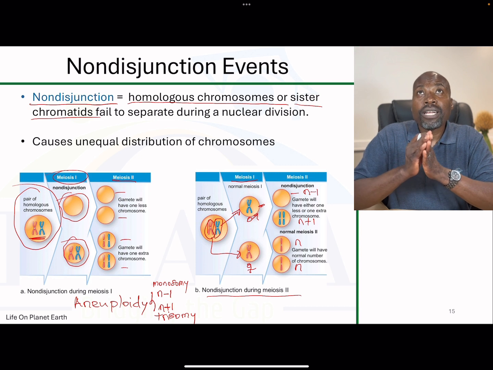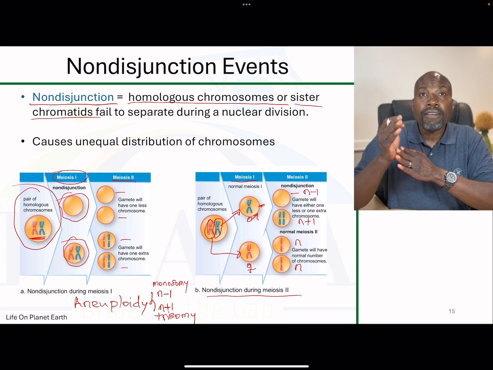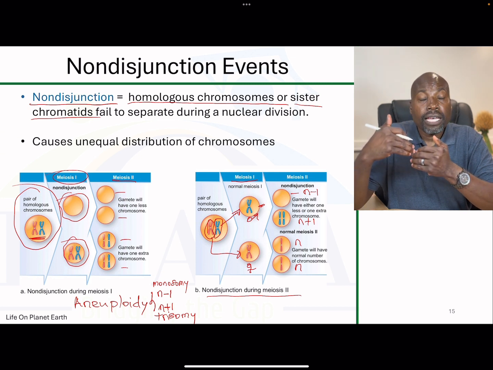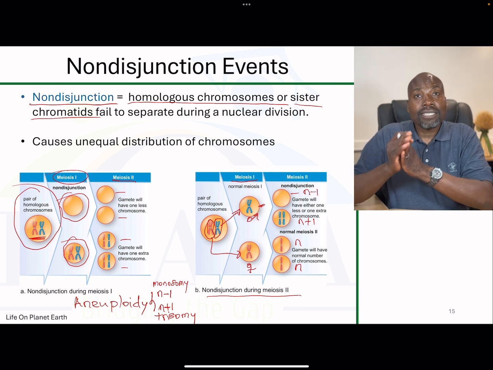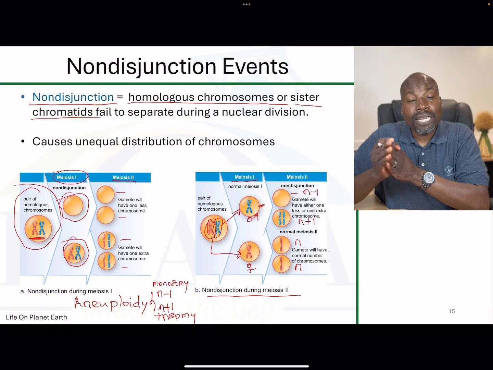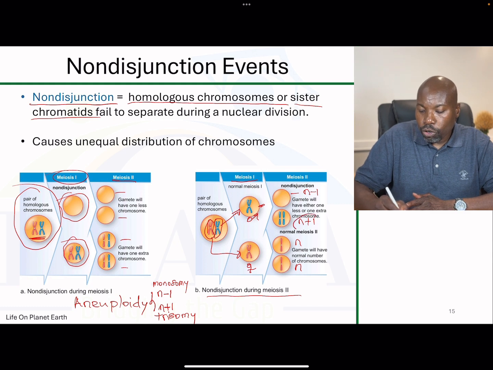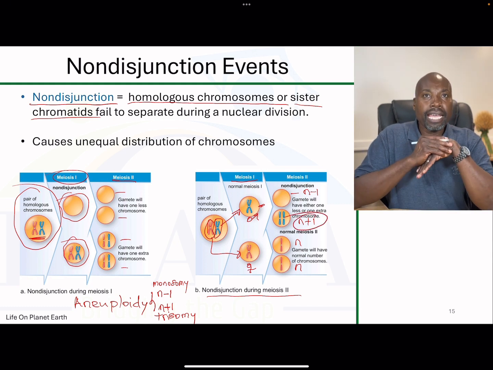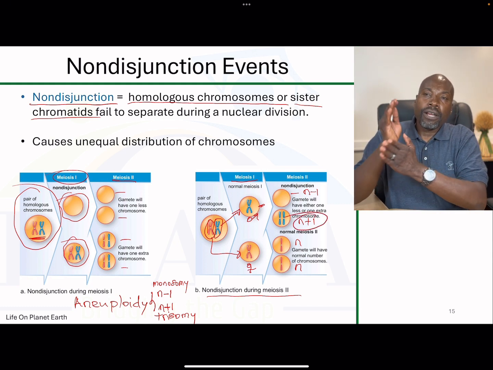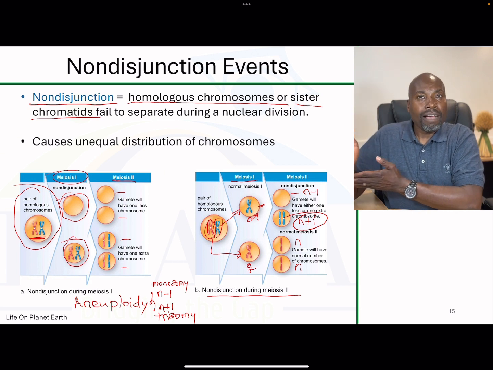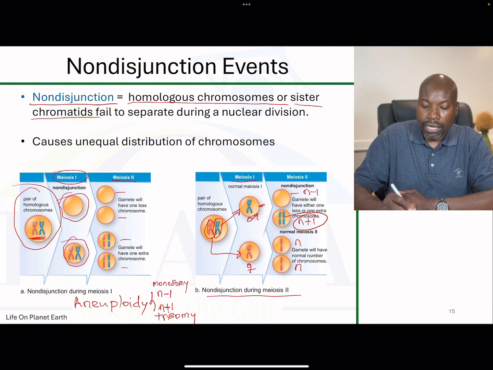That's why when a woman reaches 35 years old and above and she's conceiving, that pregnancy is considered a high-risk pregnancy. Why? Because we notice that the chances of having extra chromosomes in an egg increase tremendously after a woman reaches 35 years old.